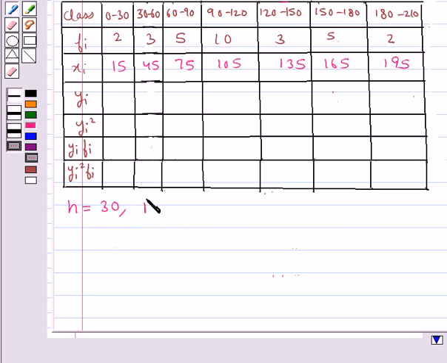Now we take assumed mean a to be 105. So a is equal to 105. Now we have yi is equal to xi minus a, that is the assumed mean, upon h. So the values for yi are given by minus 3, minus 2, minus 1, 0, 1, 2, 3.